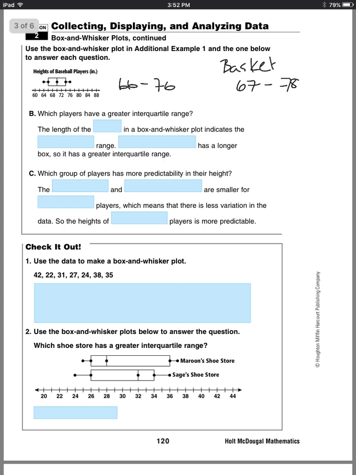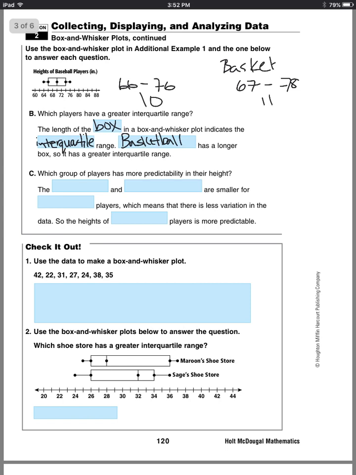So the length of the box in a Box-and-Whisker plot indicates the interquartile range. Basketball players have a longer box, so it has a greater interquartile range. This one is 10. This one was 11.